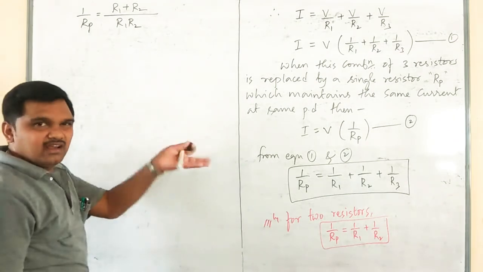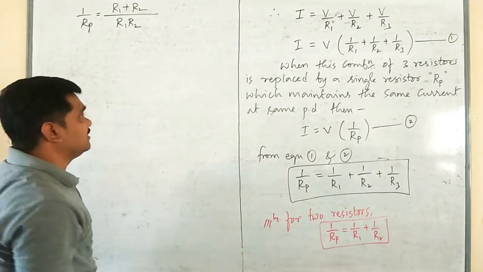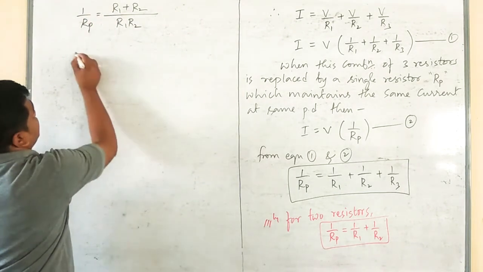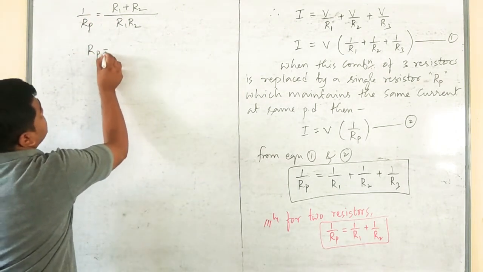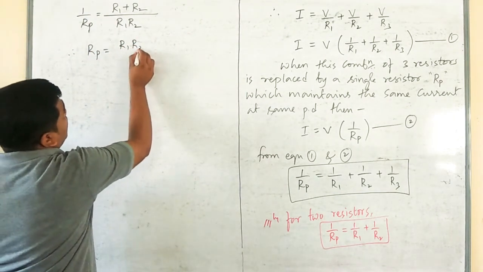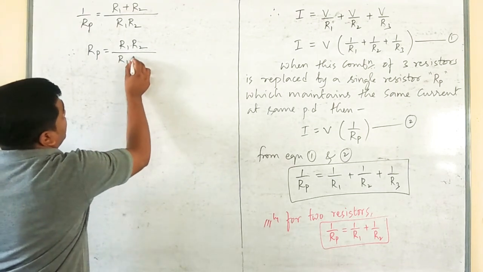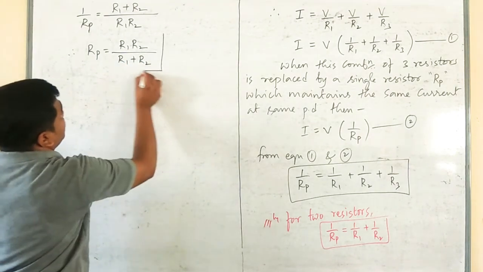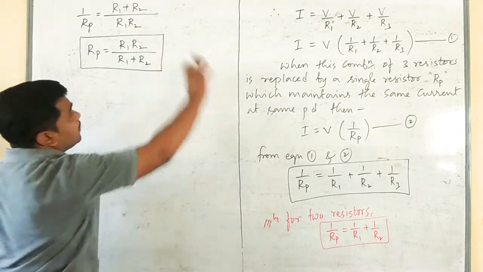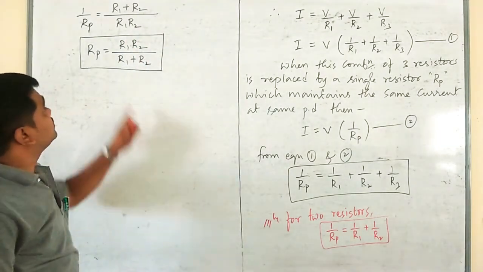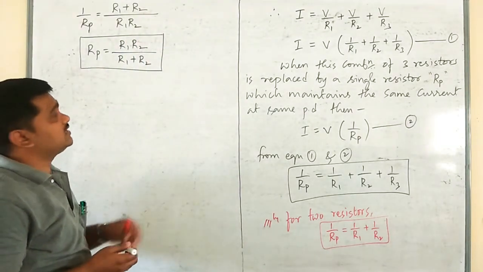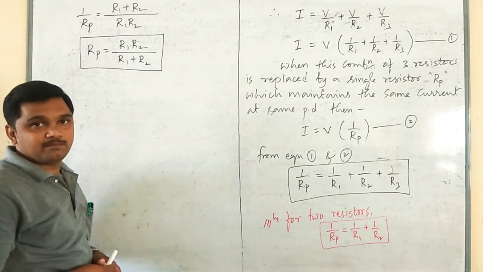It is nothing but a different method of taking the LCM. Anyhow, therefore RP is equal to R1 R2 divided by R1 plus R2. Okay, so like this, for two resistors, the RP value will come.